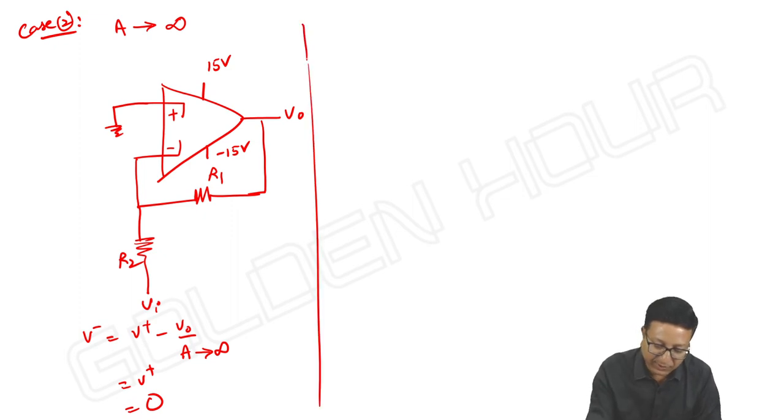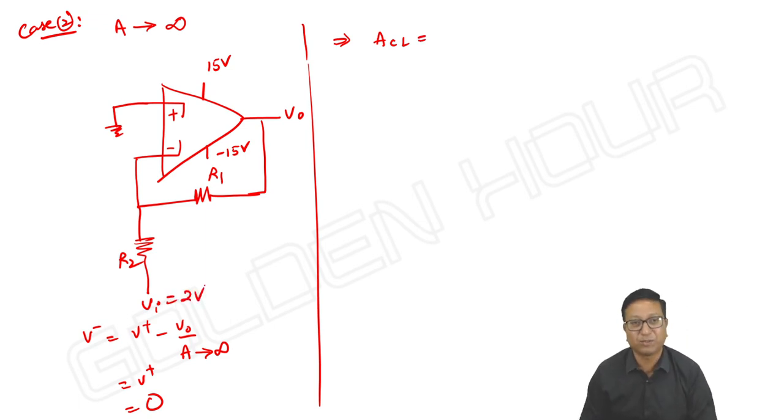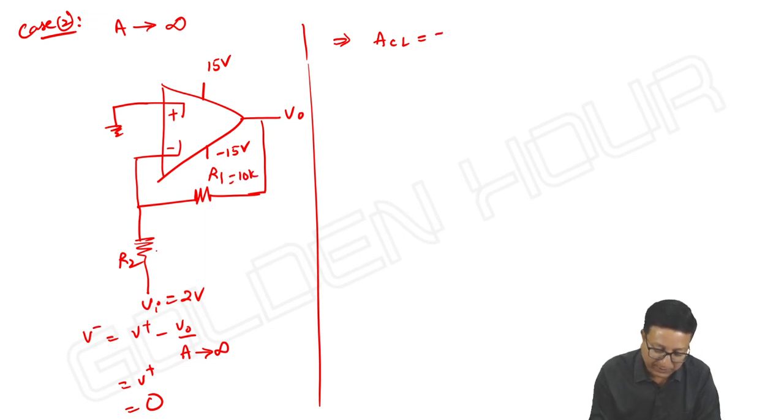The closed loop gain, or V output, anyway my input is something like 2 volts. Then what do you expect? The closed loop gain is minus R1 by R2, with R1 equal to 10k and R2 equal to 1k. It is minus 10. That's what we expect.